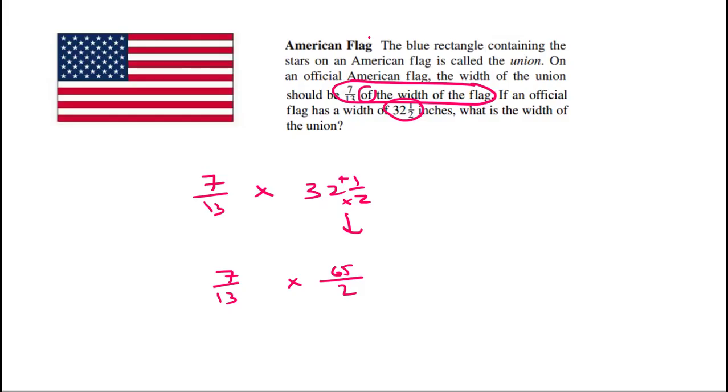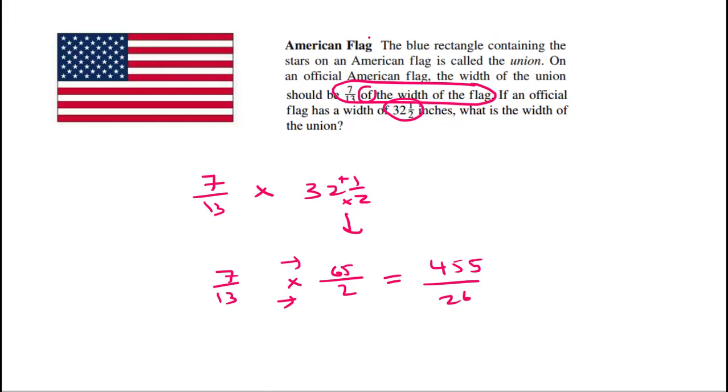And then we have the 7/13. Right? And then we multiply directly across, which we have been talking about today. Okay, so when we do that, 7 times 65 gives us 455. And then 13 times 2 will give us 26. Okay. All right.